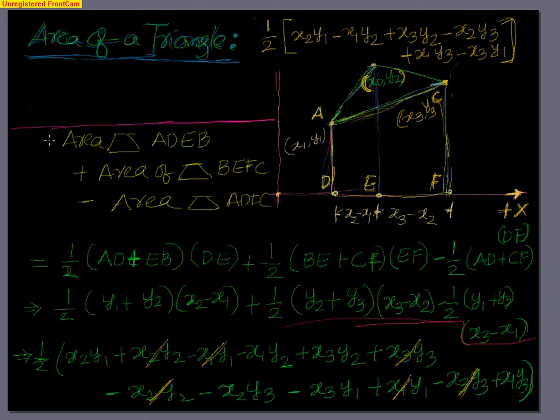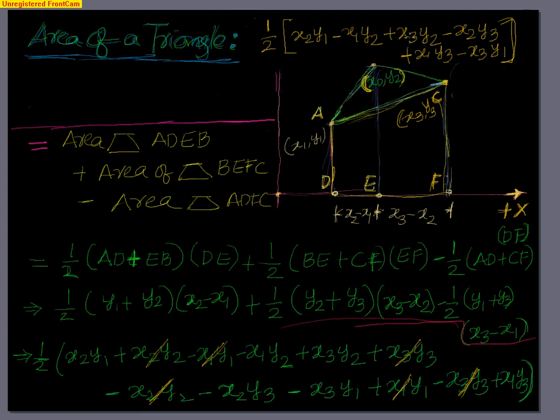Area of triangle is equal to, should I say equal to there? Yeah, makes sense, right? This is how we started. Now you can see here, if I can take x1 common here, I have y2 and y3. Similarly, x2 I can take common here, I have y1 minus y3. Similarly, I have x3 common here, I will get this, right?